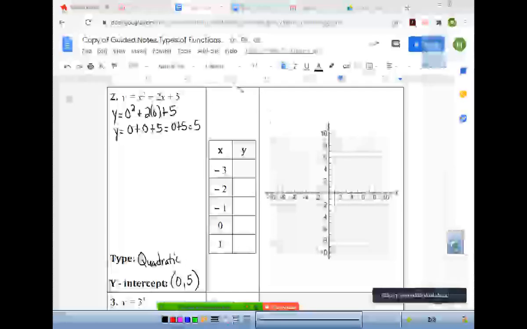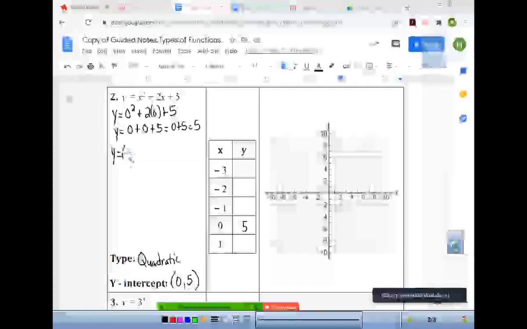And if I look right there, that's one of my x's in my table. Here x is 0. So I know already y is going to be 5. How are we going to do the rest of them? Replace those x's with each one of these numbers.